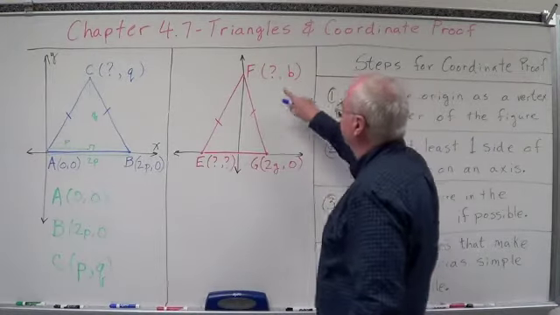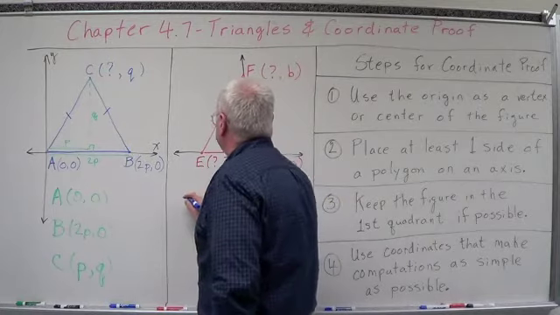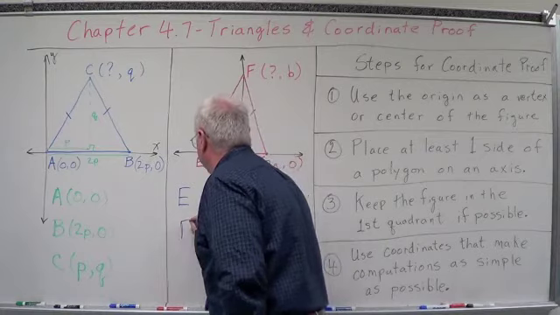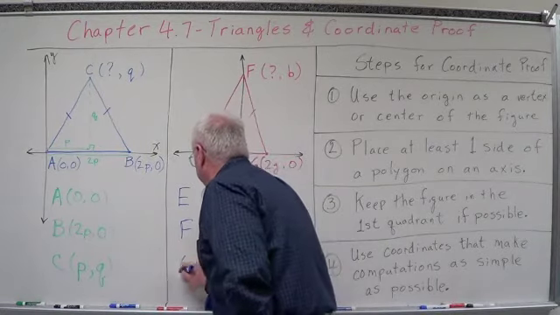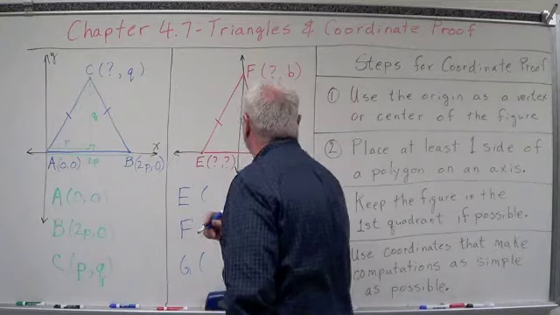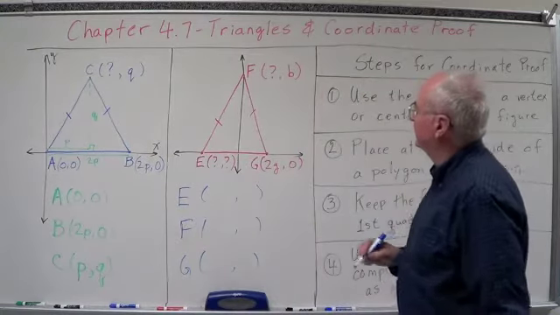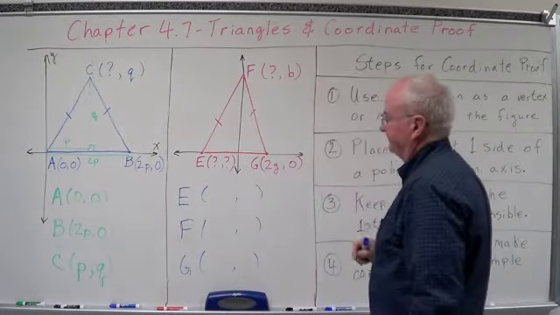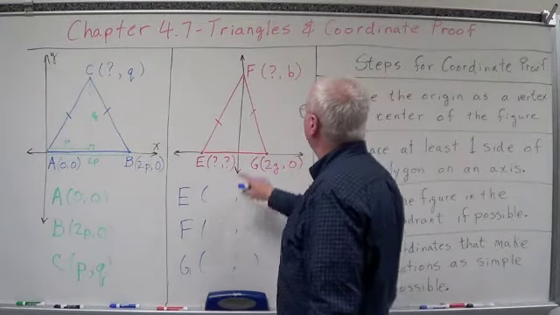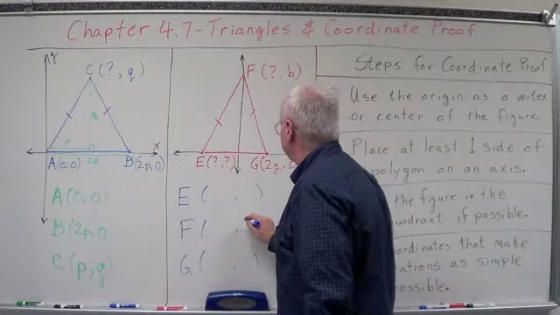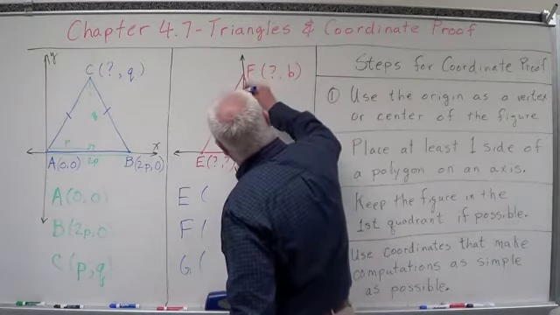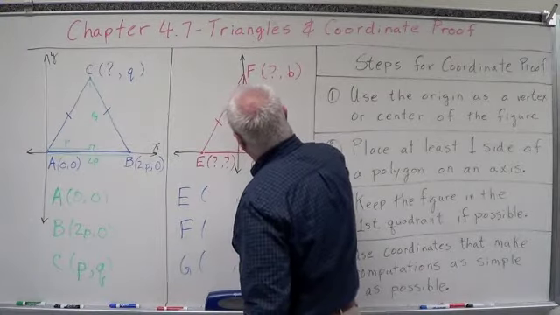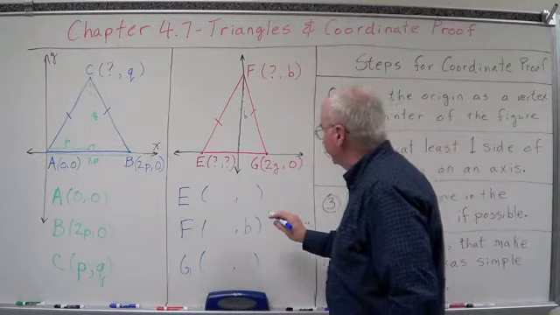Well, let's look over here. We're trying to find E, F, and G. Okay? Let's put down what we know. E, we don't know anything over there. Okay? F, we don't know the x, but they're telling us that this distance right here, along the y-axis is B. Okay, so we know that.